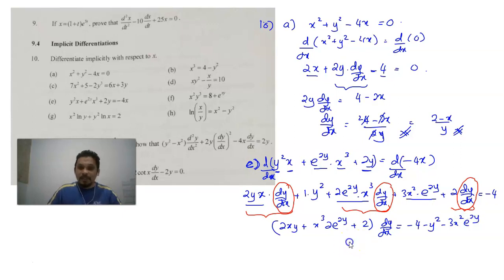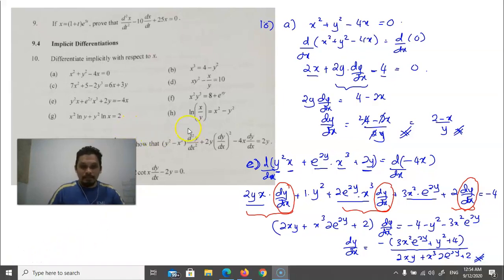So now dy/dx equals negative 3x squared e power of 2y minus y squared plus 4, divided by all of this, which is 2xy plus x cubed times 2e power of 2y plus 2. That's it.